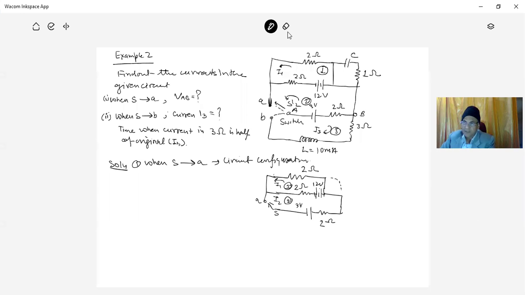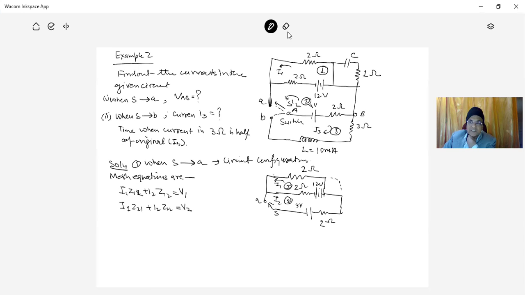So basically, the mesh equations are I1 Z11 plus I2 Z12 is equal to V1, and I1 Z21 plus I2 Z22 is equal to V2.